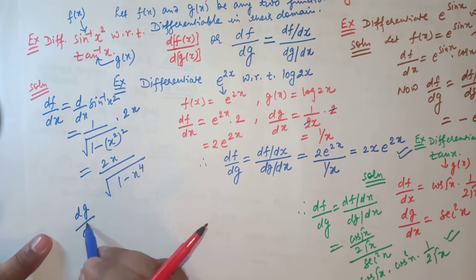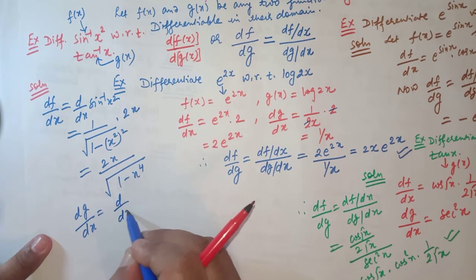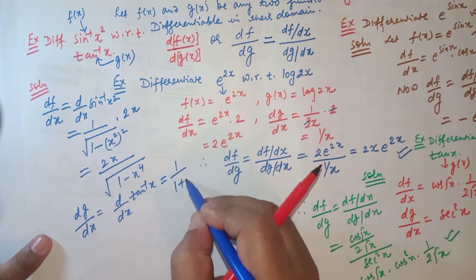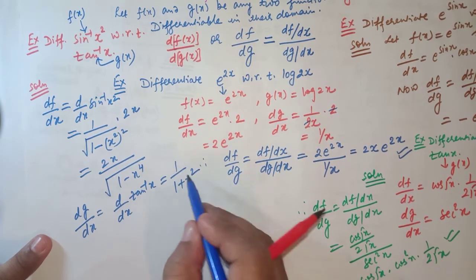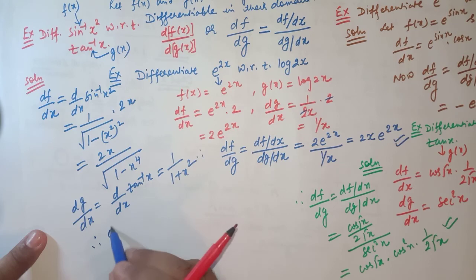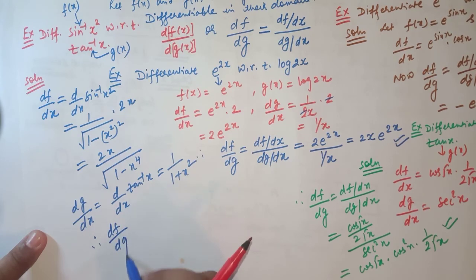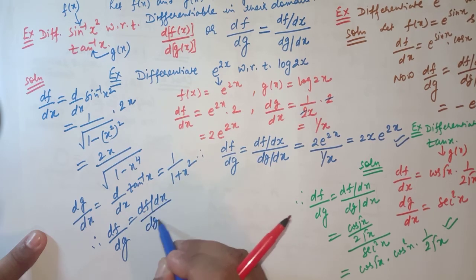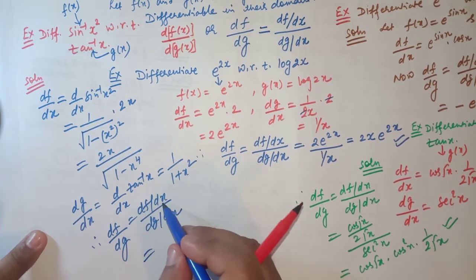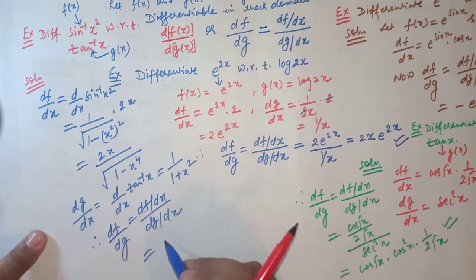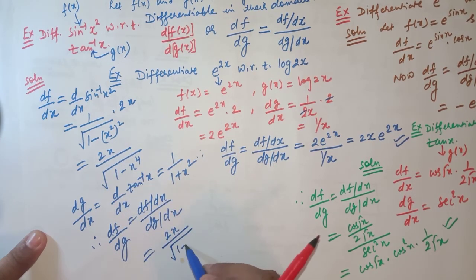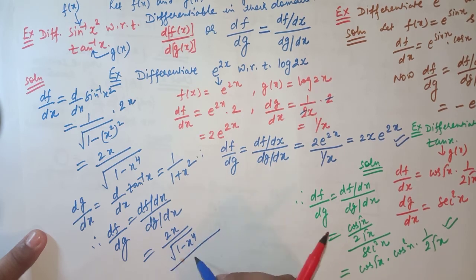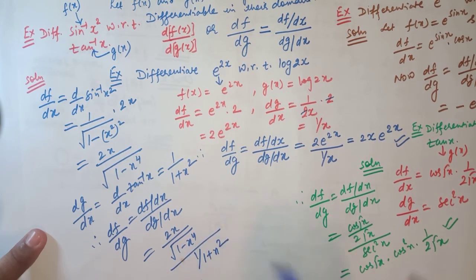Similarly, dg by dx, we have to find the derivative of tan inverse of x, which is equal to 1 over 1 plus x square, because this is the simple result. Now the derivative of f with respect to g is df over dx divided by dg over dx. So df over dx is this expression, 2x over square root of 1 minus x raised to power 4 divided by 1 over 1 plus x square.